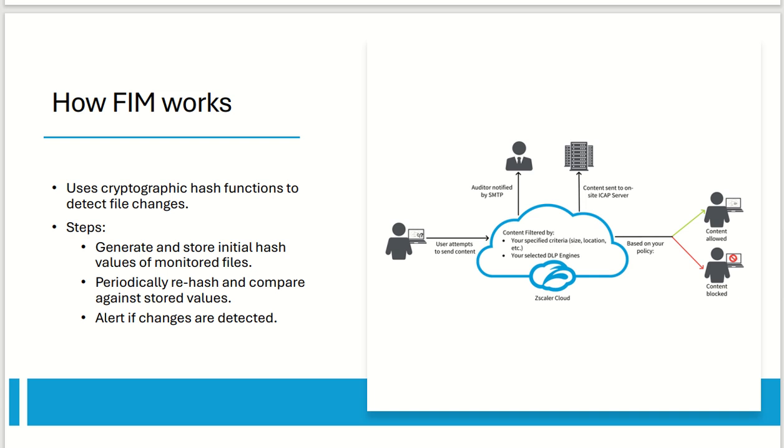And then periodically, those same files' hashes are recalculated and compared with the stored values. If the stored values and the computed values agree, or they are the same, then no changes have taken place. But if the stored value does not agree with the recomputed hash, then changes have taken place.